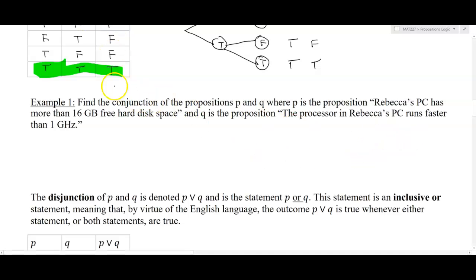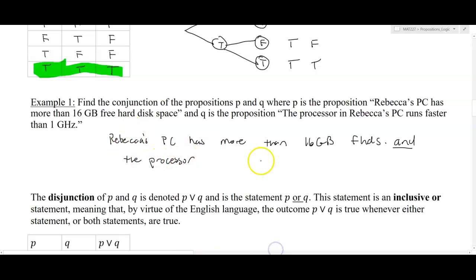So the conjunction of these is just going to be that Rebecca's PC has more than 16 gigabytes free hard disk space, and the processor in Rebecca's PC runs faster than 1 gigahertz.